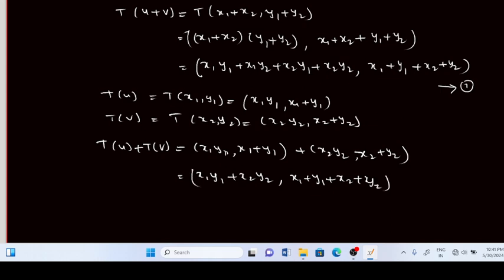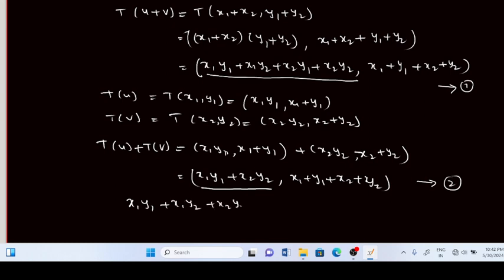So here we can check the first term in equation number 1 and the first term in equation number 2 is not equal. So x1 y1 plus x1 y2 plus x2 y1 plus x2 y2 is not equal to x1 y1 plus x2 y2.